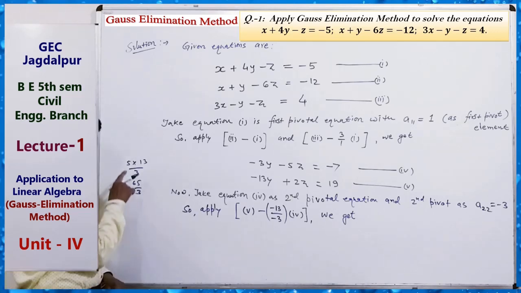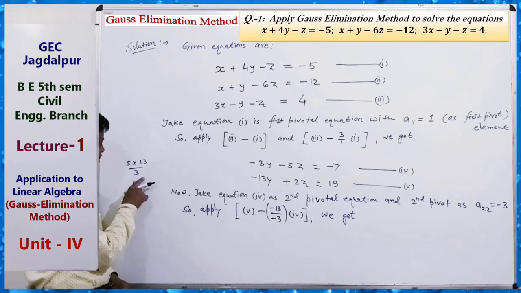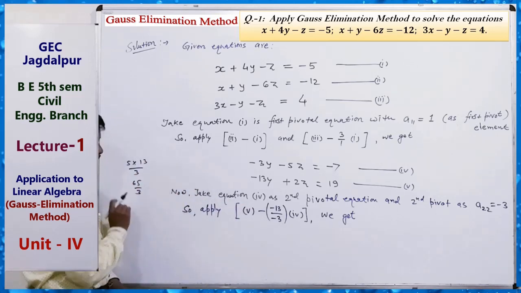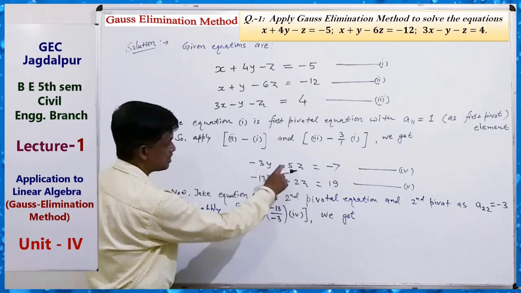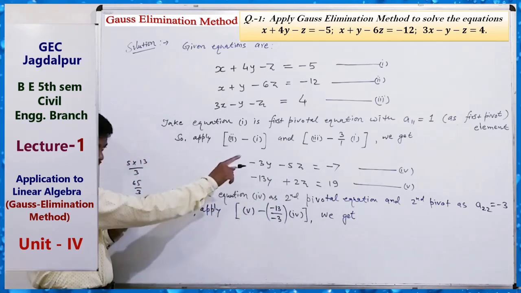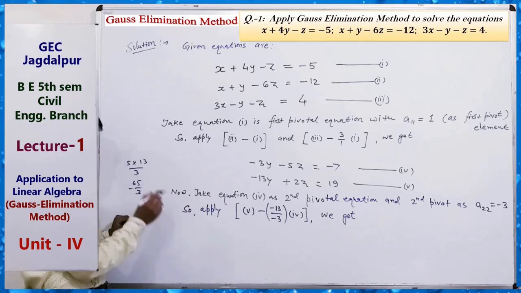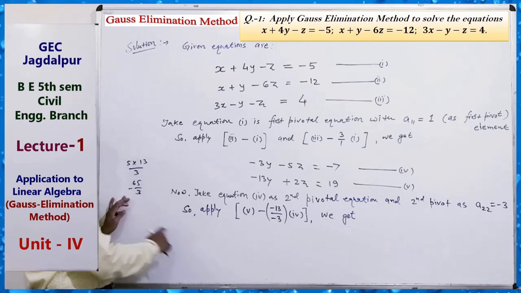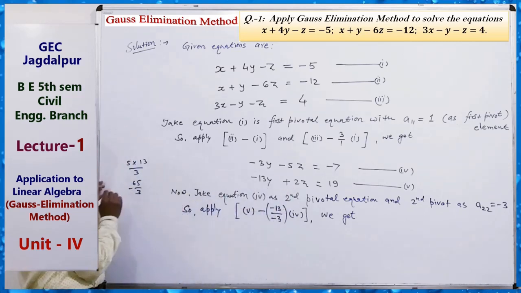Okay, so 5 by 3, 13 by 3 multiplied by 5, that is 65 by 3. So minus plus and minus 5, so minus this, and this is subtracted from this. This is subtracted from this 2.